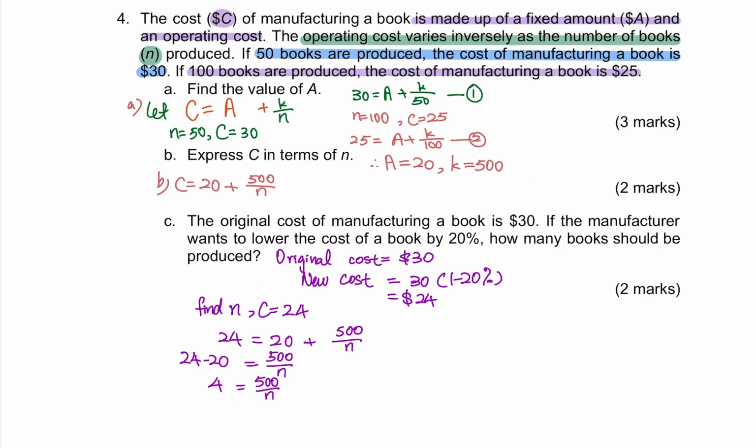If you move it to the other side, it will become 4N equals 500. Now 4 is multiplied, so if you want to move it to the other side, you divide it. So how many books are required? 125 books are needed to be produced if you want to lower the price.